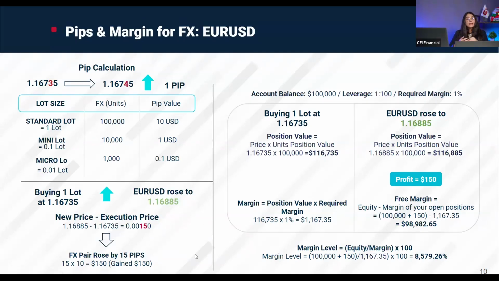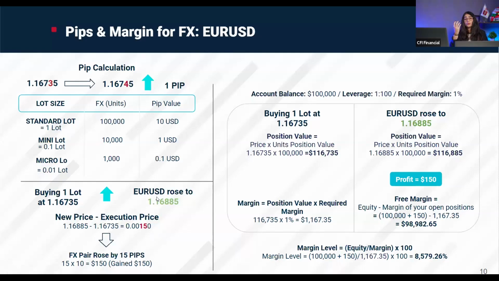How do I calculate how much those 15 pips are worth? We said that we entered one standard lot, and if we look at the table, one standard lot is equal to $10. So I take the 15 pips that the price rose, multiply by 10, and I would win approximately $150.